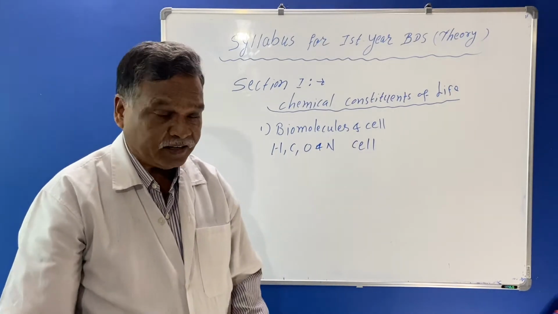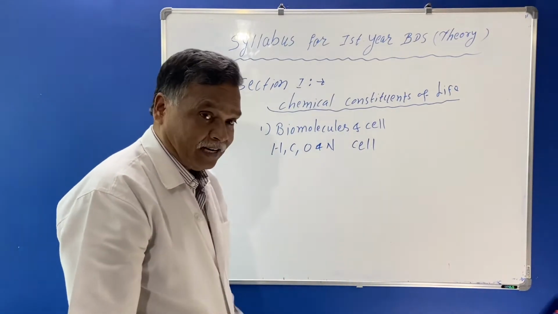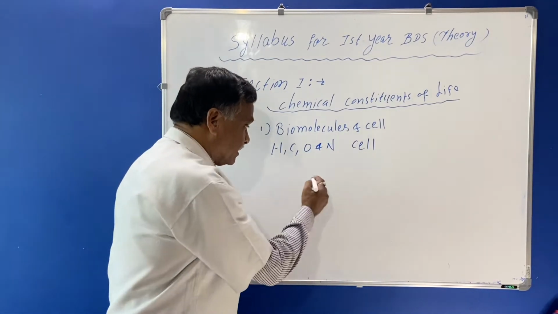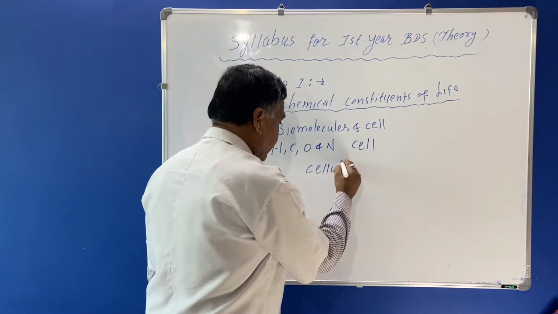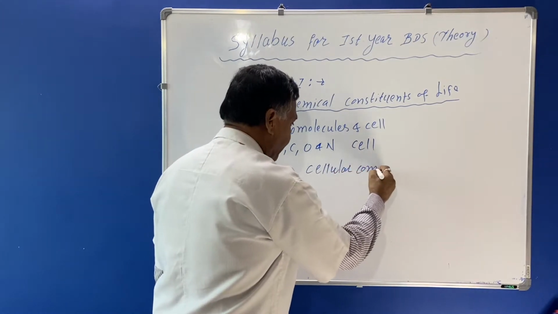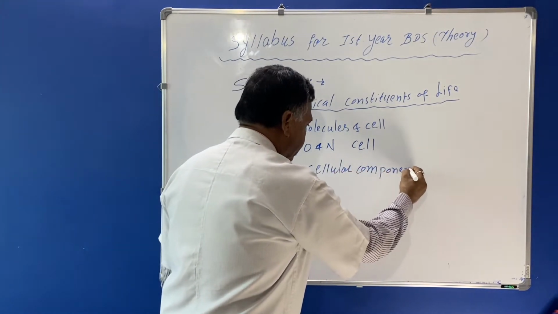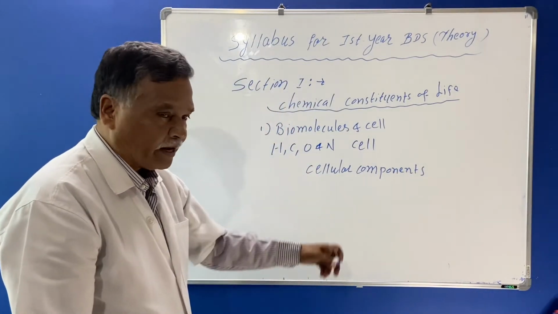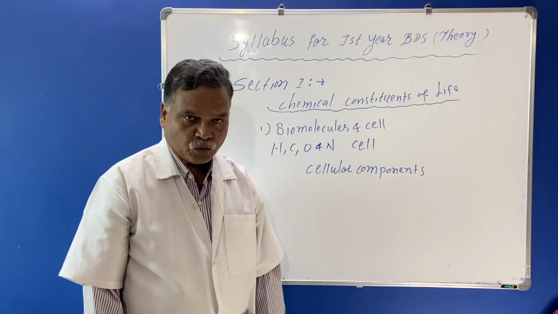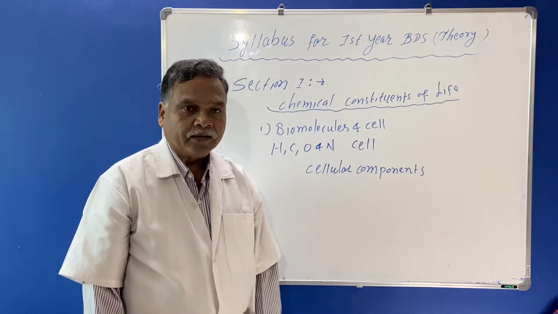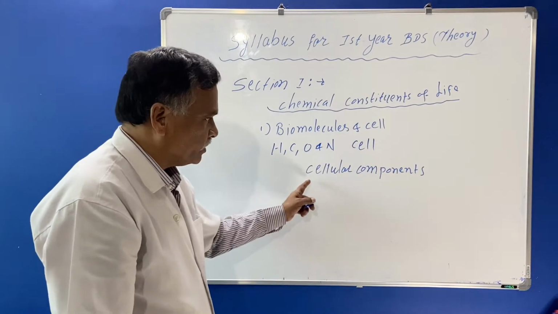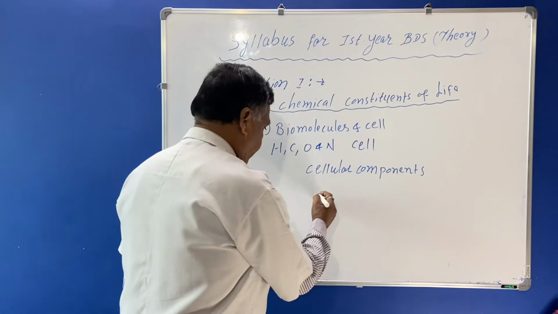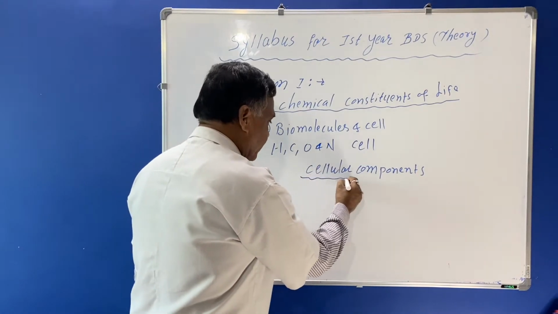Under this, you have to see the structure of cell, and you have to learn the cellular components, the different cellular components present in the cell, like Golgi apparatus, mitochondria, then the vesicles, vacuoles, and the ribosomes.